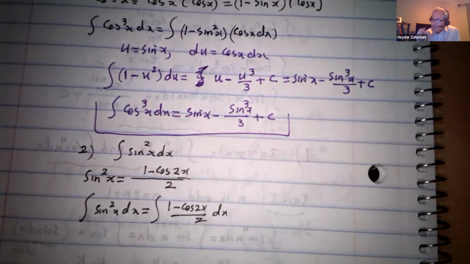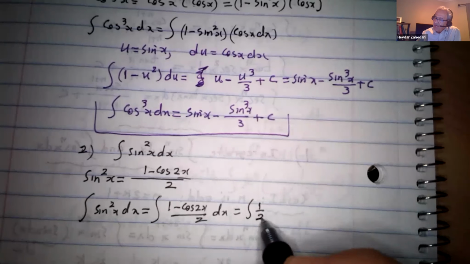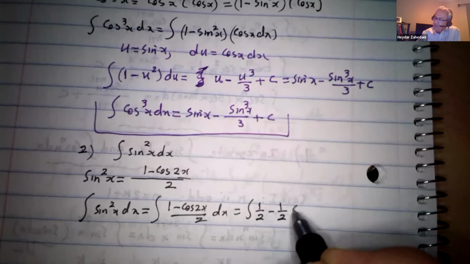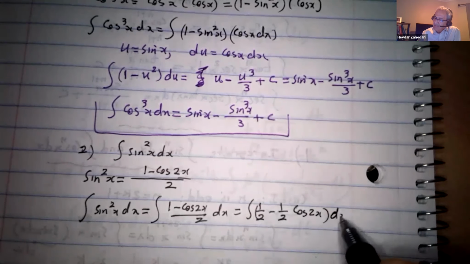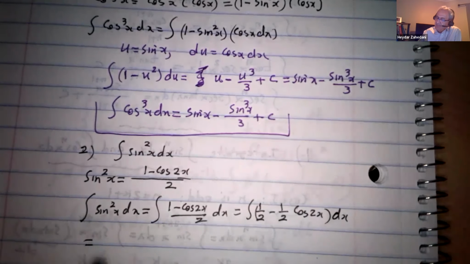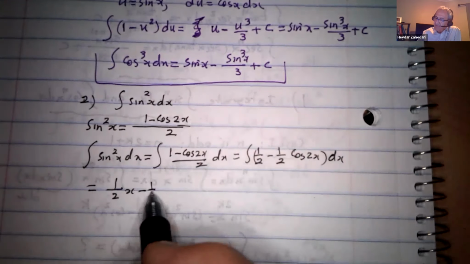Now you integrate this one, you can break it: 1/2 minus 1/2 cosine of 2x dx. The integral of 1/2 would be 1/2 x, minus the integral of a cosine, which is going to be sine. You keep the 1/2.